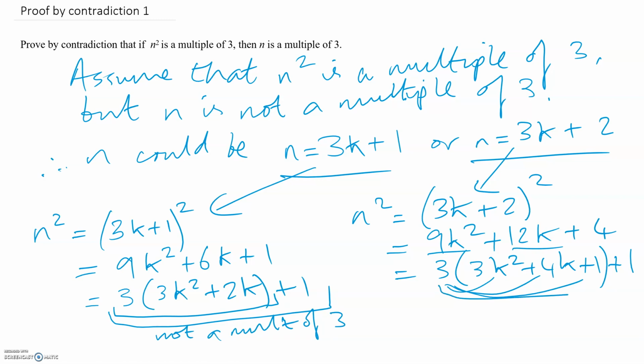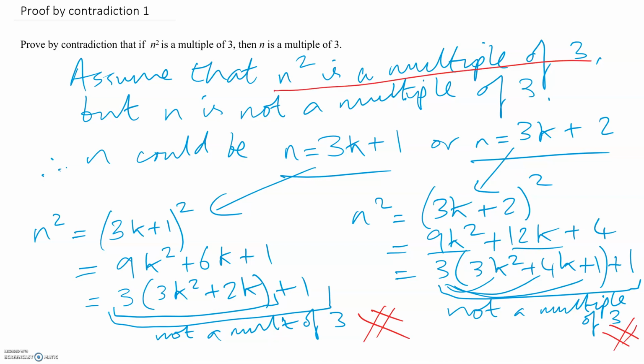And similarly over here, this is not a multiple of 3. But that is a contradiction. So let's get our big contradiction sign. It's a contradiction because we assumed that n squared is a multiple of 3 up here.